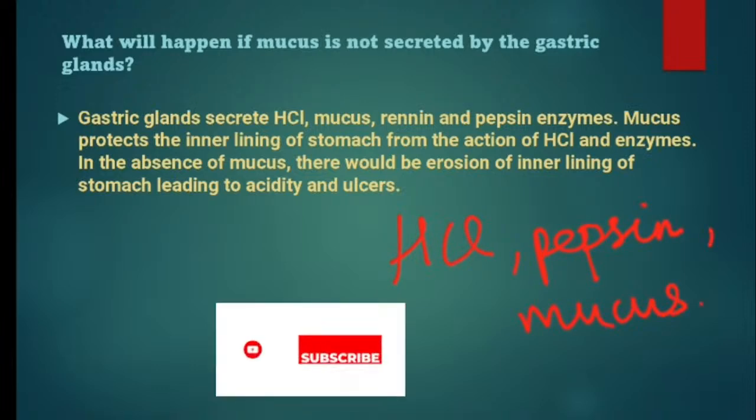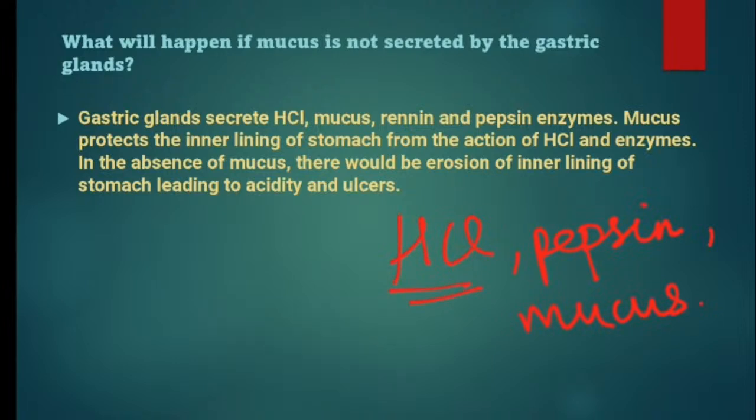This HCl is an acid which helps in the activation of the enzyme pepsin to break the proteins into peptones. This mucus helps in protecting the walls of the stomach from HCl corroding the inner lining of the stomach. Otherwise this can lead to acidity and ulcers. So, in order to protect the walls of the stomach, mucus is secreted.